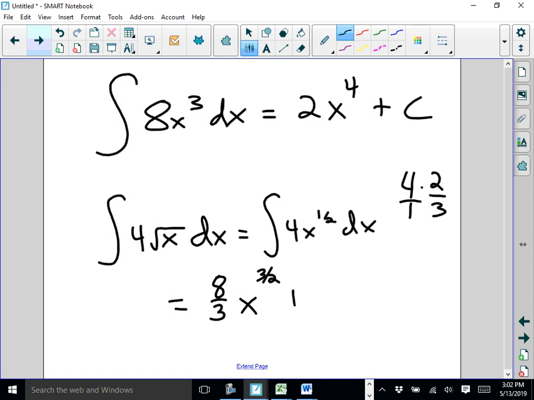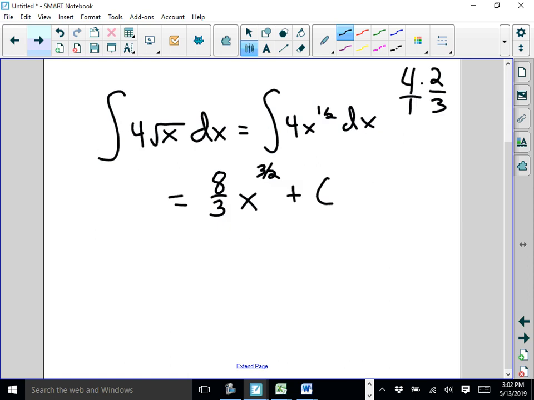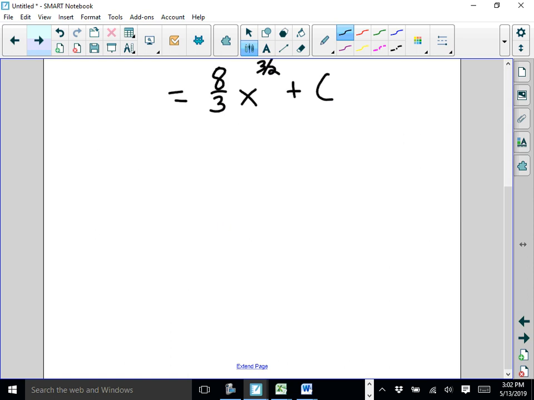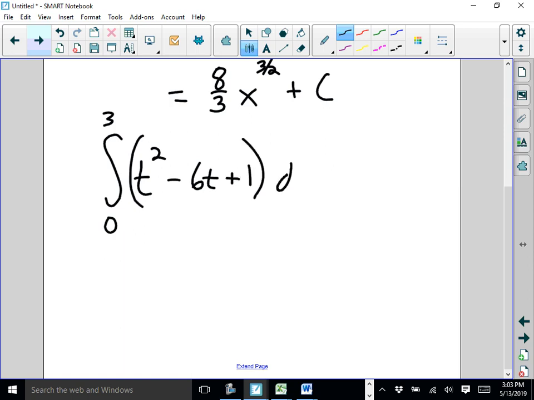Let's say I have to do this. The integral from 0 to 3 of t squared minus 6t plus 1 dt. I'm just going to go ahead and bump and divide my way through this thing. It's already in at to the n form, or ax to the n form.